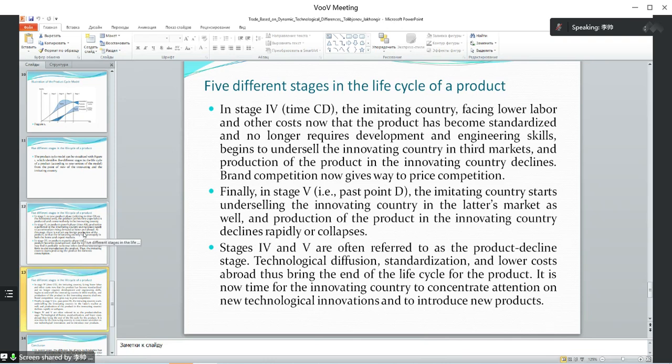In stage 4, the imitating country, facing lower labor and other costs now that the product has become standardized and no longer requires development and engineering skills, begins to undersell the innovating country in third markets, and production of the product in the innovating country declines. Finally, in stage 5, the imitating country starts underselling the innovating country in the latter's market as well, and production of the product in the innovating country declines rapidly or collapses.